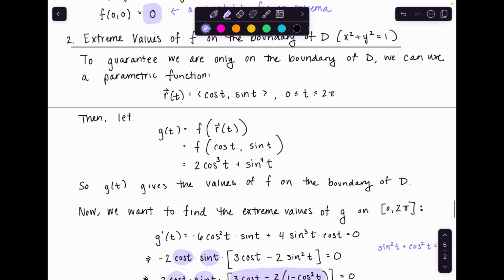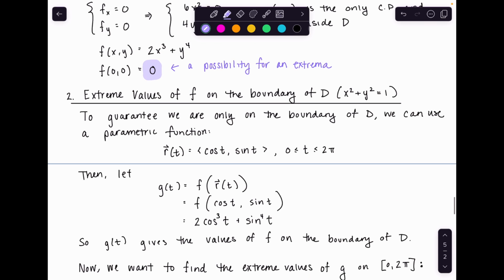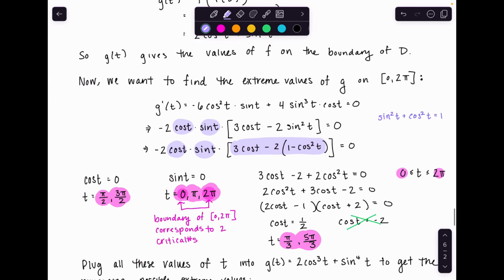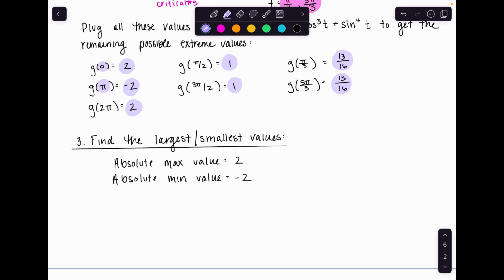And when t equals 0, that will be at the point (1, 0). And then the absolute min occurs at pi, which again, just going back to the circle, absolute min occurs at (-1, 0). So these are the extreme values of this particular function solely on the unit circle centered at (0, 0).